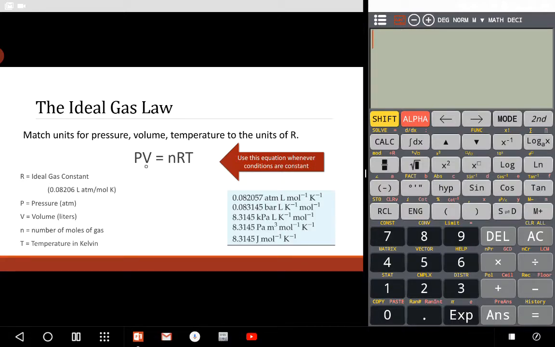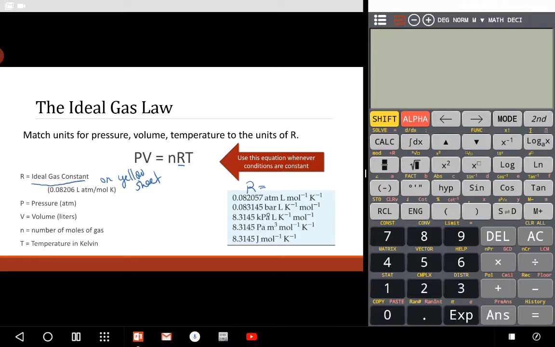So this is awesome. R is the ideal gas constant. R is on your yellow reference sheet. R can be expressed in a variety of different units. You should always make sure that you're looking at the units of R. They are the same value of R, just expressed in different units.